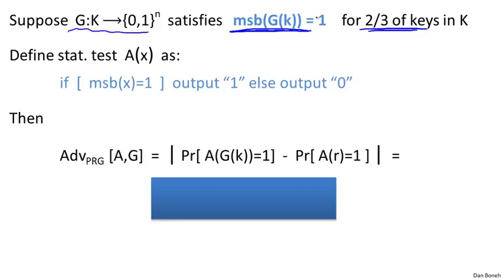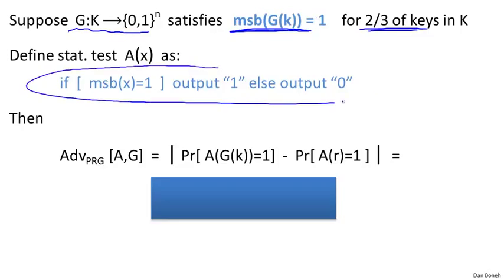Now let's look at the following statistical test. If the most significant bit of the string you gave me is 1, I'm going to say 1, meaning I think it's random. If the most significant bit of the string you gave me is not 1, namely 0, I'm going to say 0.